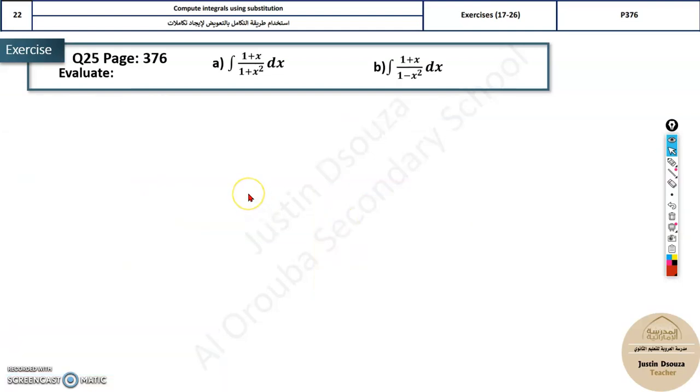Now we will go to this type of problem because it is a little different. Now, what I would generally think is, okay, I will take 1 plus x squared as u. Let me differentiate this. U is equal to, 1 goes off, it will be 2x. But now over here in the numerator, you don't have 2x, it's 1 plus x.